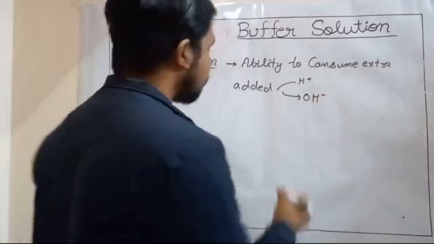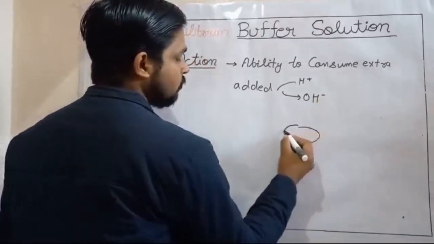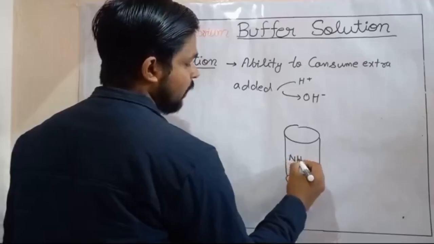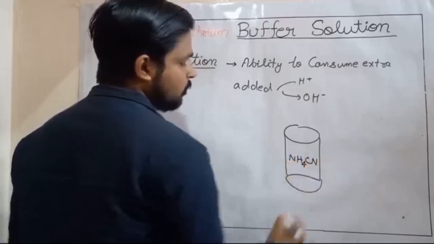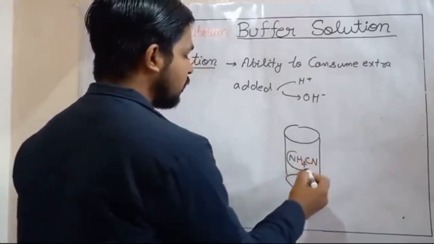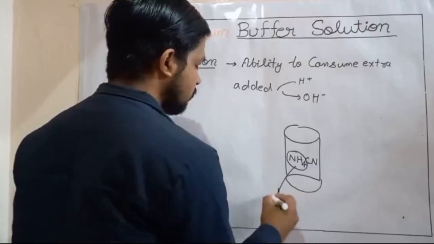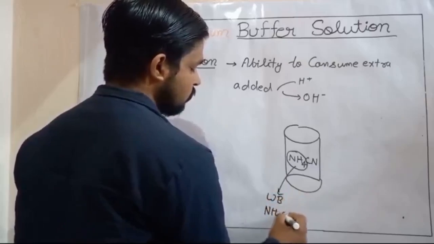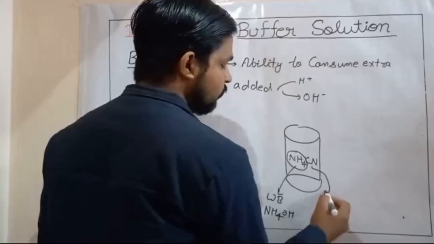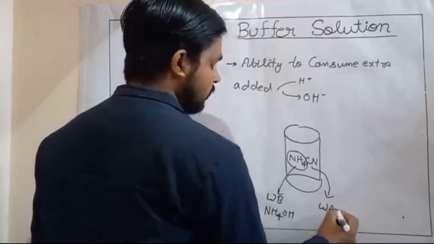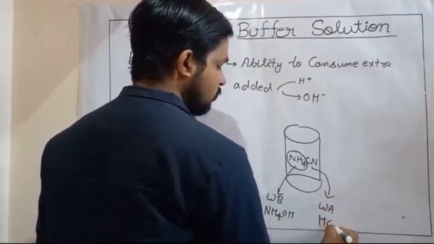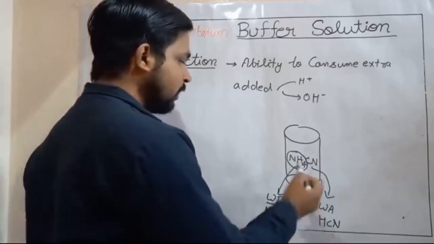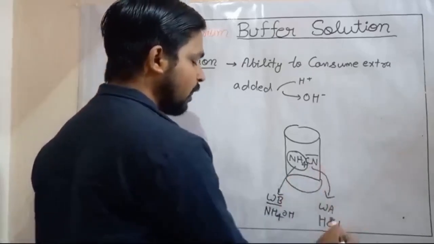Dear student, if we take a buffer solution, like this buffer solution of NH4CN, the parent ion NH4 comes from the weak base NH4OH, and the CN comes from the weak acid HCN. So the NH4 ion is a part of the weak base, and the CN minus ion is a part of the weak acid.